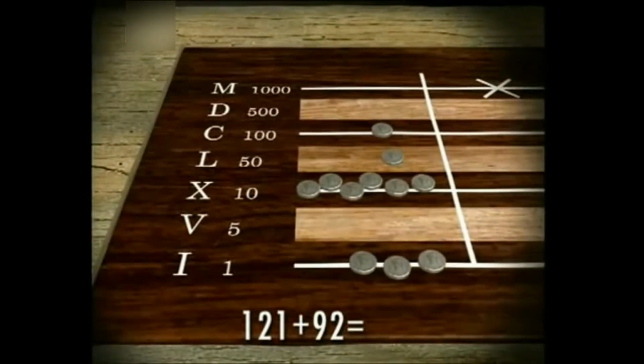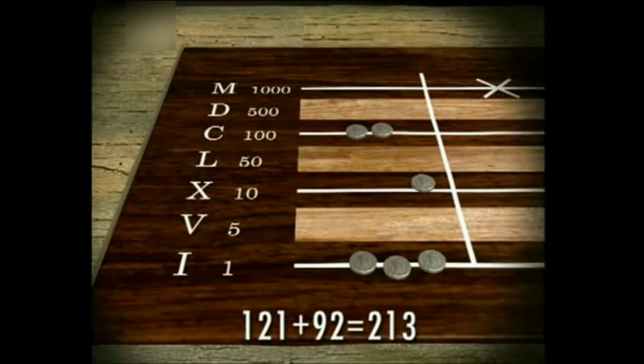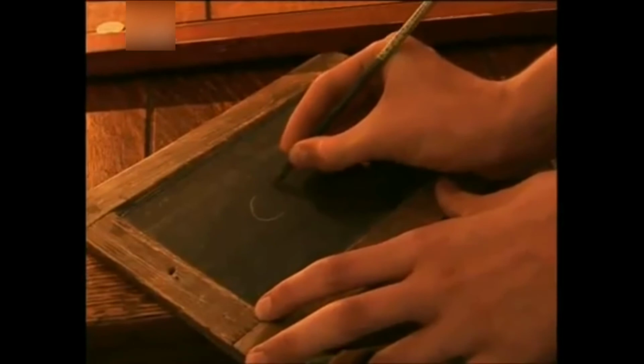Now the number is simplified once more by lifting. 5 of the 6 pennies on the tens line are replaced by 1 in the 50 space. We now have 2 there, so they can be replaced by 1 on the 100s line. Now we can simply read off the result. 2 hundreds, 1 ten and 3 ones, 213. In Roman numerals, that's CCXIII.